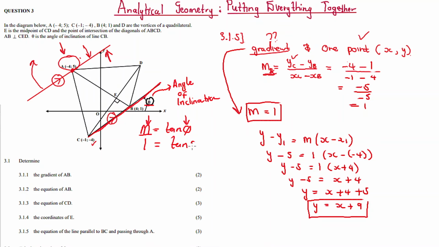Then tan theta, the theta is now going to be equal to the arc tan of 1. Then theta is equal to 45 degrees. After punching your calculator, you can see that the answer should be 45 degrees. So this is our answer for 3.2 and the final question for this discussion.